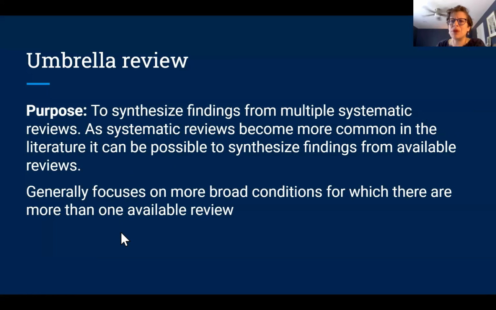I think some people also call them big picture reviews. But these are usually going to focus on more broad issues, because you don't want to have duplicative systematic reviews in the literature. So if you have things that are common but not overlapping, you can use them for an umbrella review.